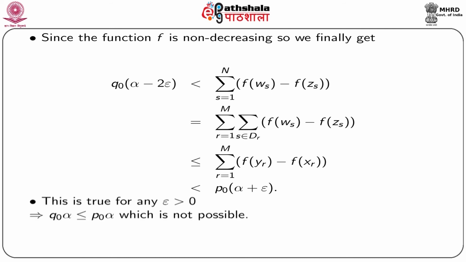This is true for any ε greater than 0, which implies that q_0 α ≤ p_0 α, and since α is a strictly positive number, we can cancel it from both sides, and we have q_0 ≤ p_0, which is not possible, as by our assumption q_0 is greater than p_0.